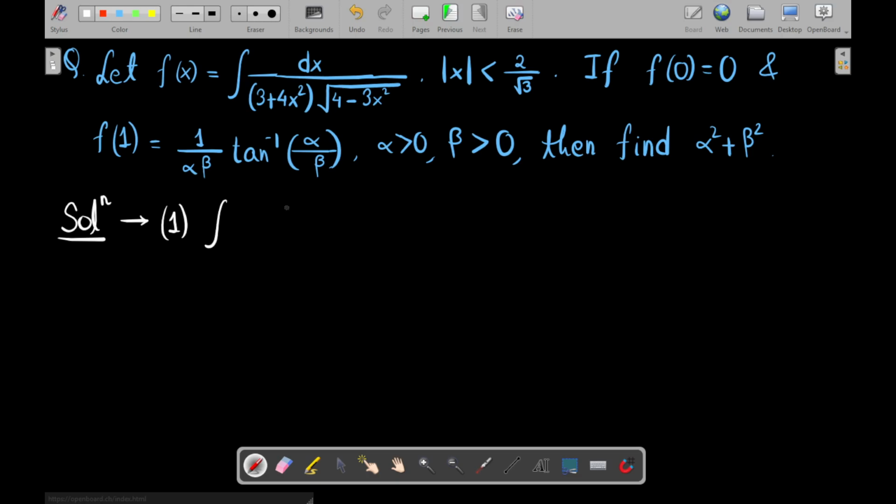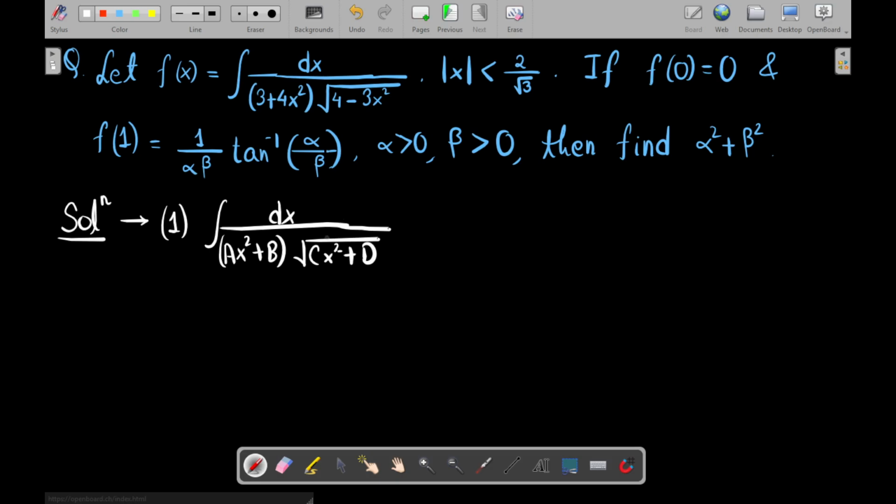This is an integral of the type dx upon a quadratic term ax² plus b, times the square root of another quadratic term, cx² plus d. This is the format of the original integral in abstract.